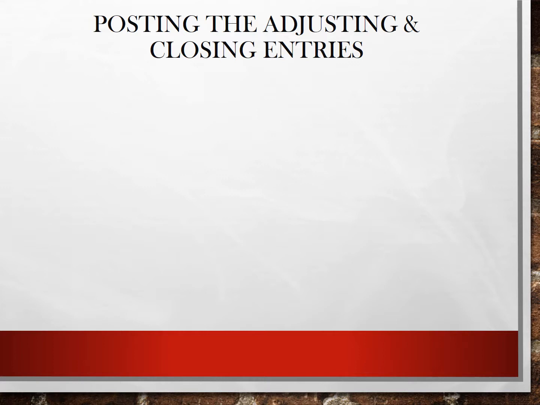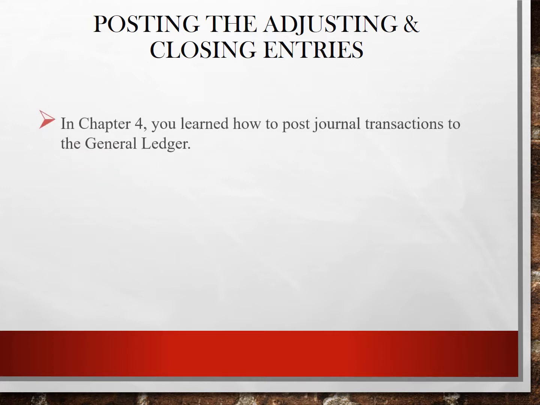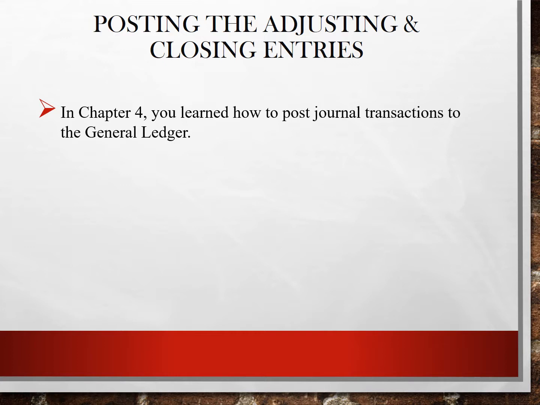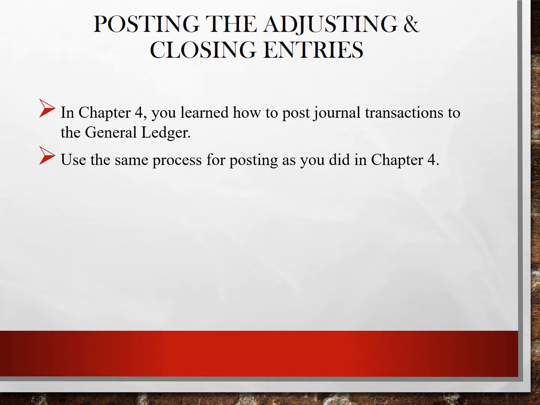Posting the adjusting and closing entries. In Chapter 4, you learned how to post journal transactions to the general ledger. In Chapter 8, you will use the same posting process for the adjusting and closing entries as you did in Chapter 4.